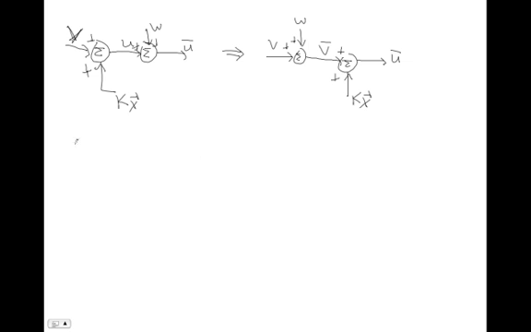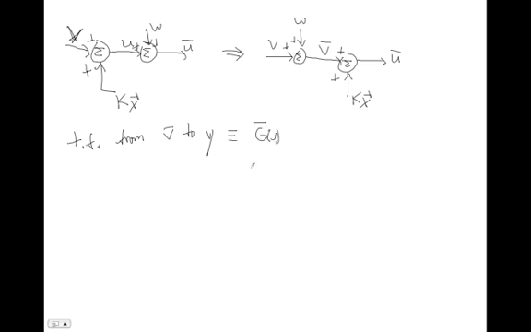Okay, so now I want a transfer function from V bar to Y. I'm going to cut my system right here and try to get this transfer function, from V bar to Y. And let's define this thing as G bar.